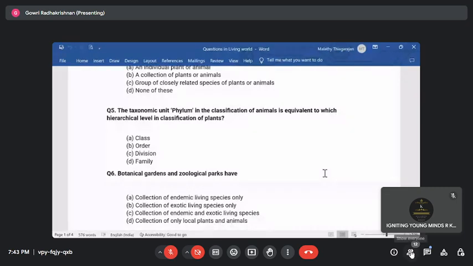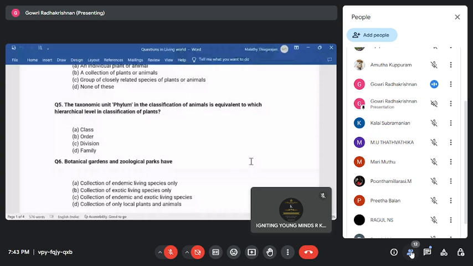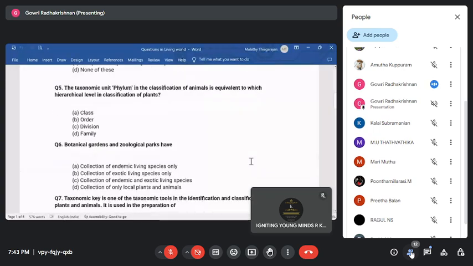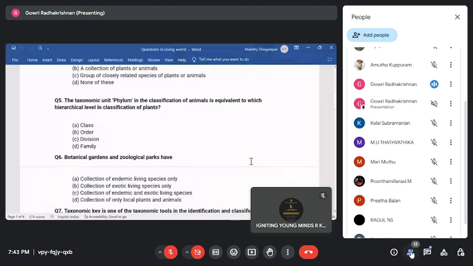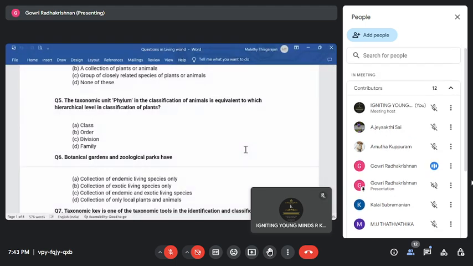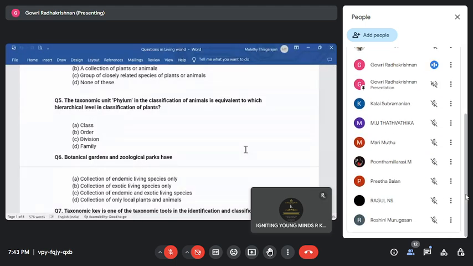Are you saying option C, division is the answer? Yes, option C, division is the correct answer. The taxonomical unit phylum in animals is equivalent to division in plants.